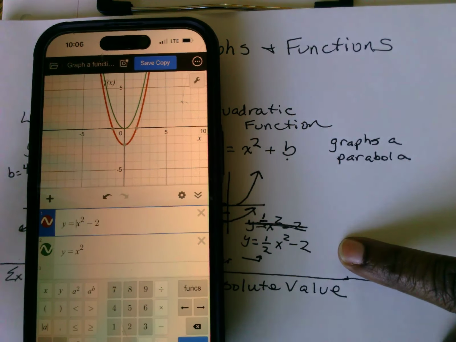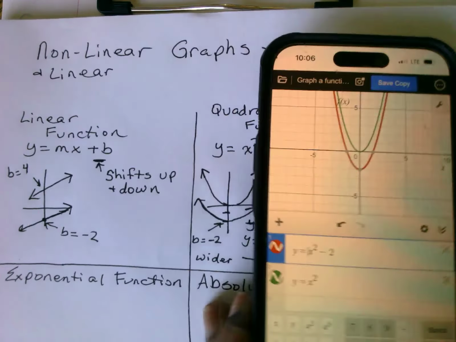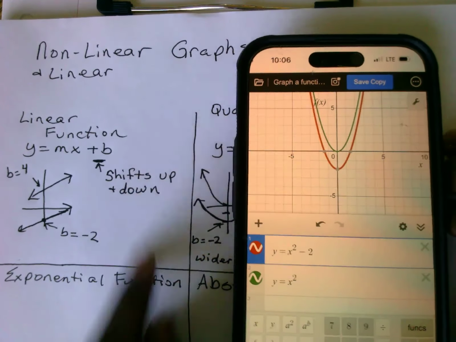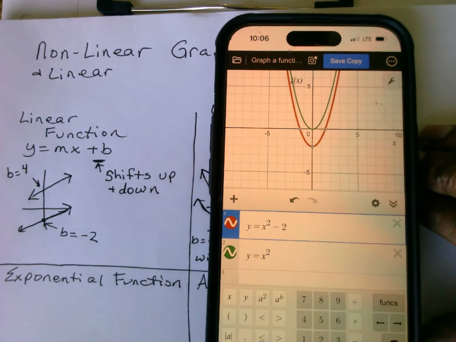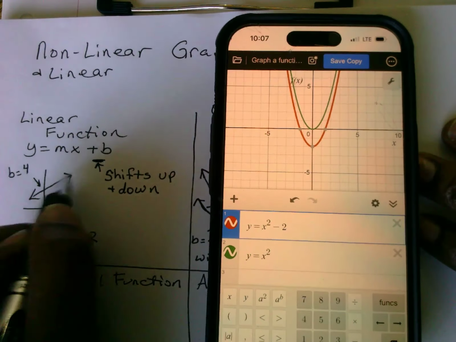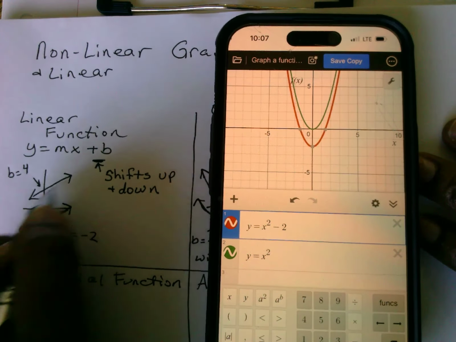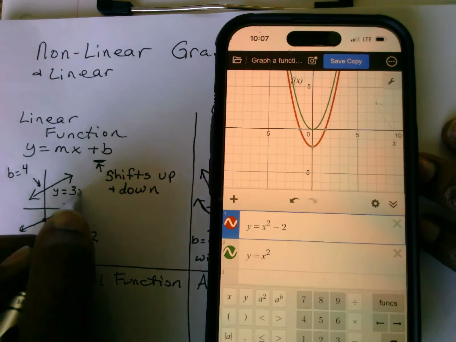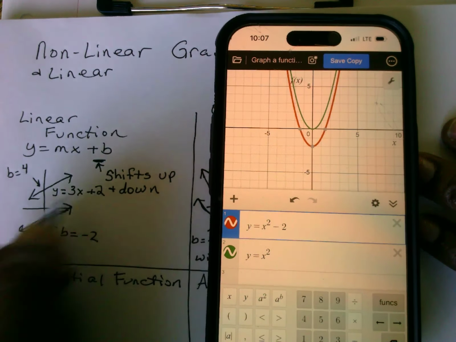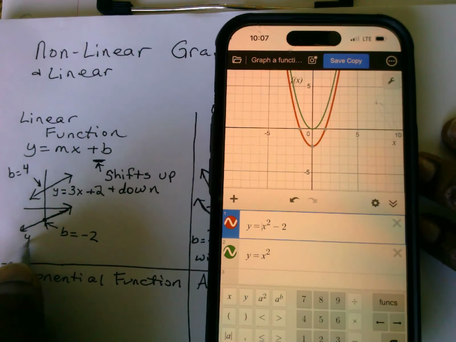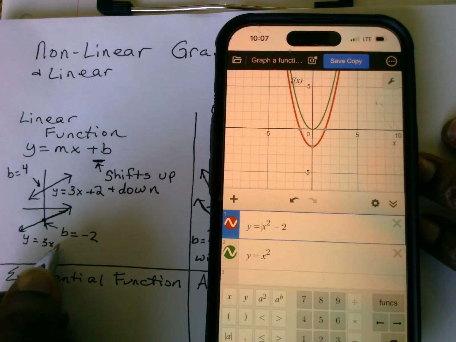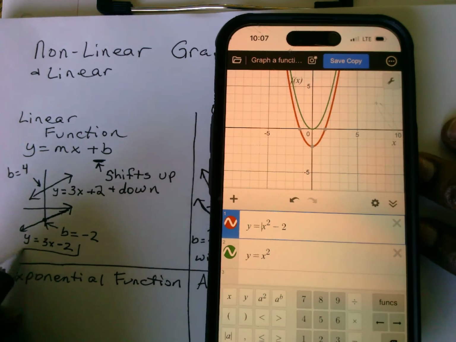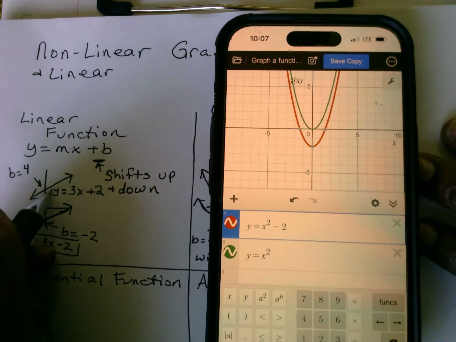So now it just shifted it up and down, which is why right here I said the plus b shifts the graph up and down. So let's go back. If this equation is y equals 3x plus 2, then this equation would be y equals 3x minus 2. And I can kind of show you that on the Desmos.